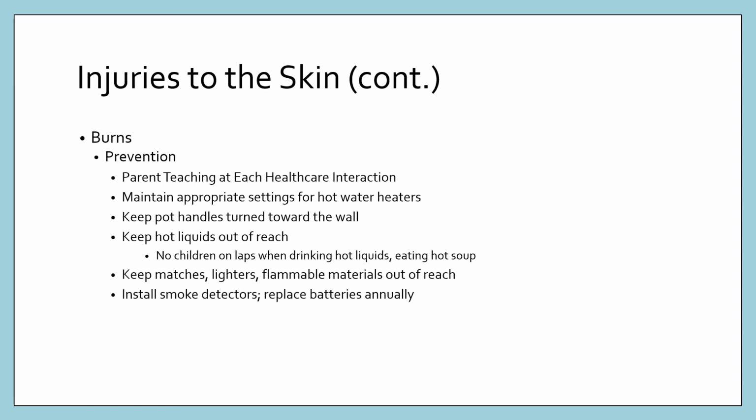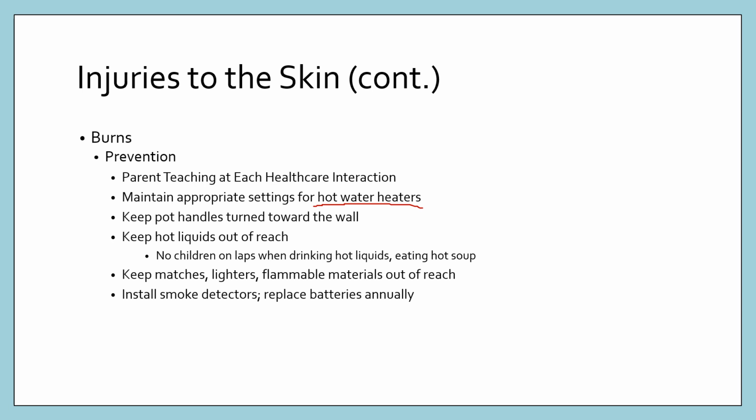Other things can be setting the right temperature on the hot water heaters. Most parents of small children have the water heater up too high. I think most commonly people have it around 128 degrees, or even 120. That's too hot.